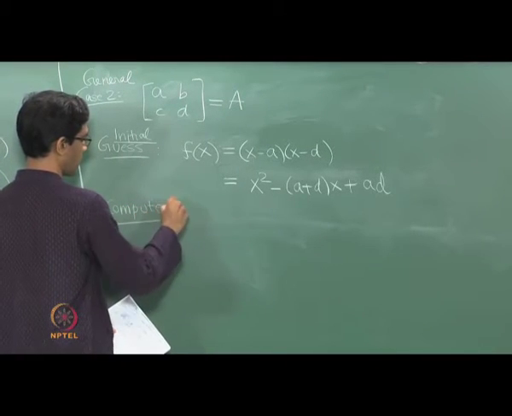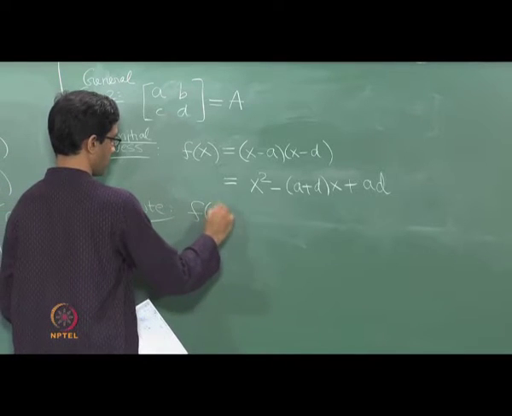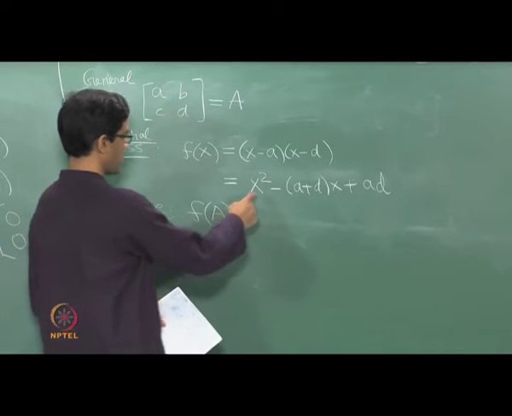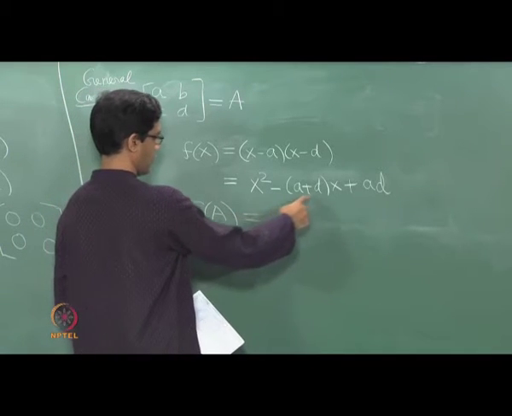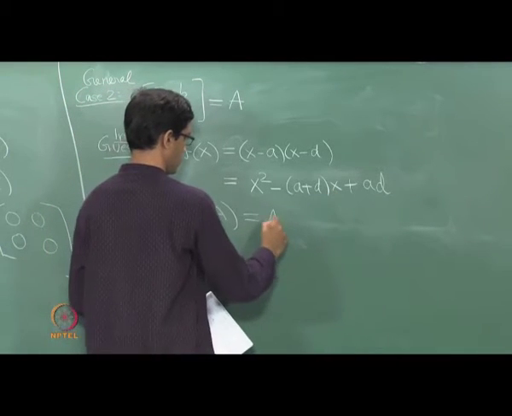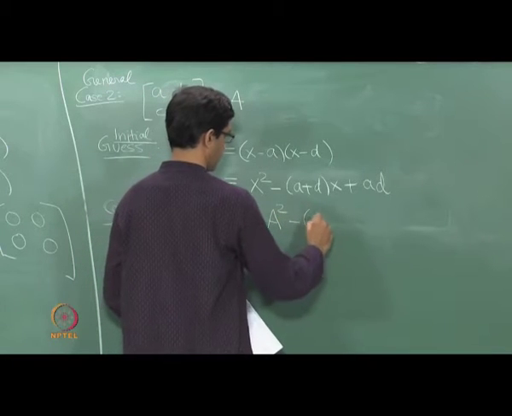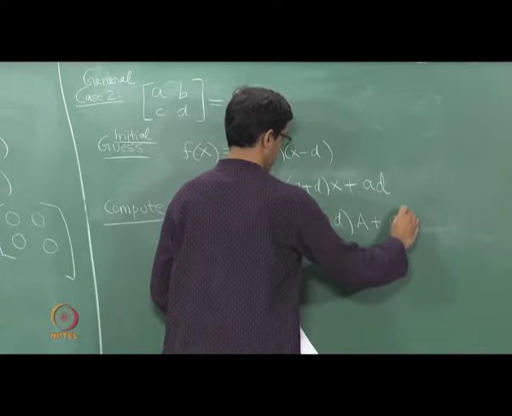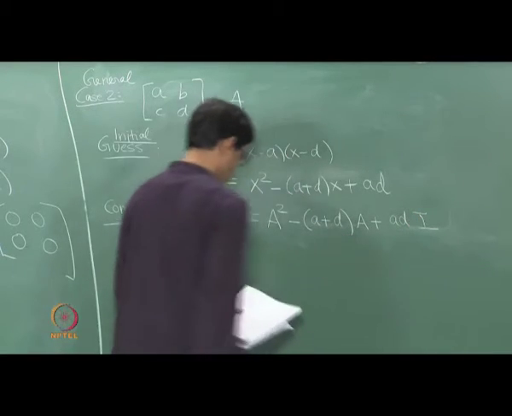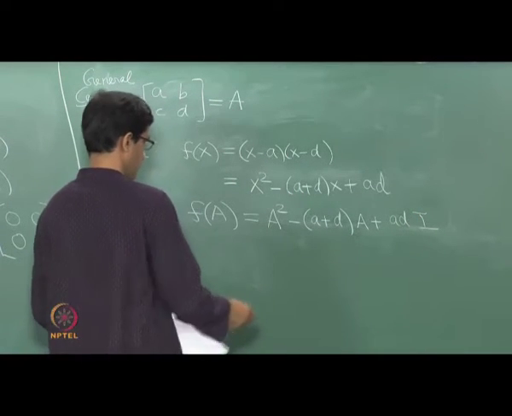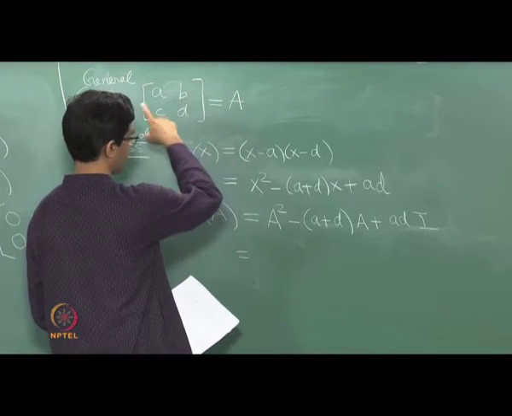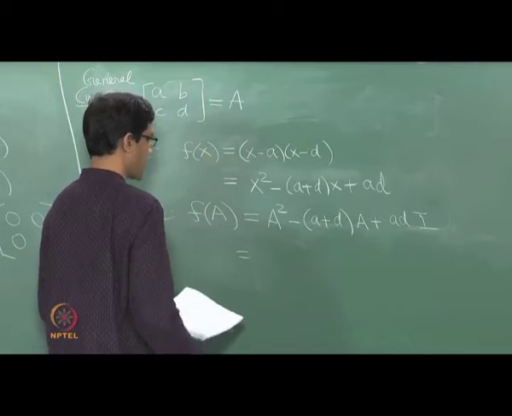So, what is f of A? It is A squared first, minus (a plus d)A, so I need to square A, plus ad times the identity. So, squaring A of course requires multiplying the matrix A with itself and carrying out the matrix multiplication in full.